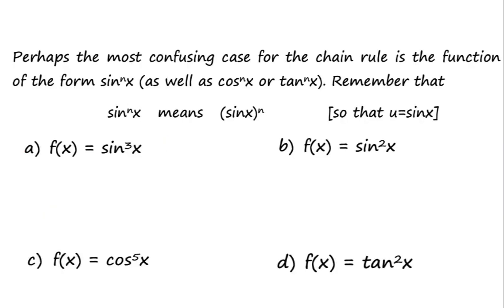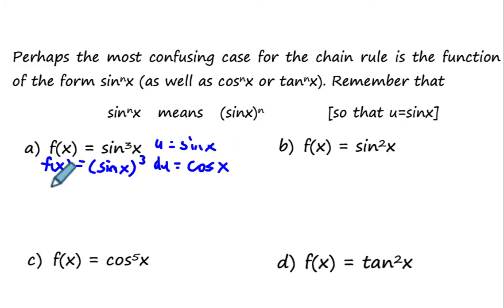One of the very confusing cases of the chain rule is when you have a trig function raised to a power. The reason for this is that you need to know that I can rewrite this as sine of x cubed. So my inside function is the trig function. So u is equal to sine of x. So from my table, I know the derivative of sine is cosine. So I rewrite this as u cubed.